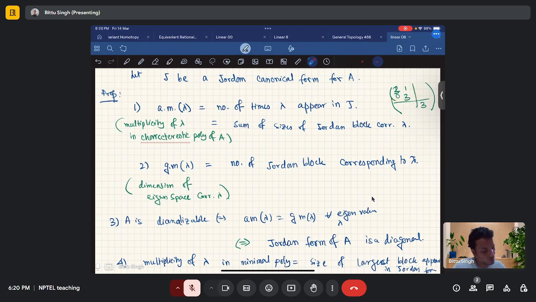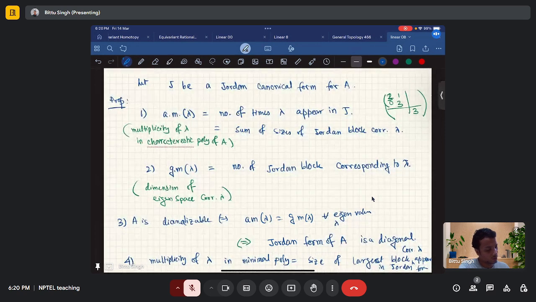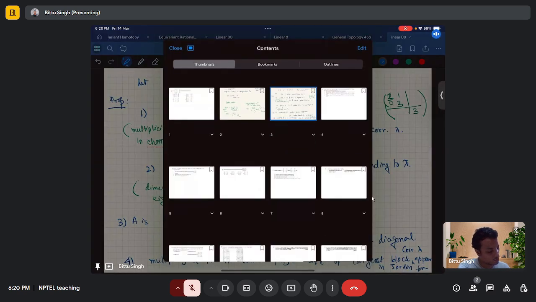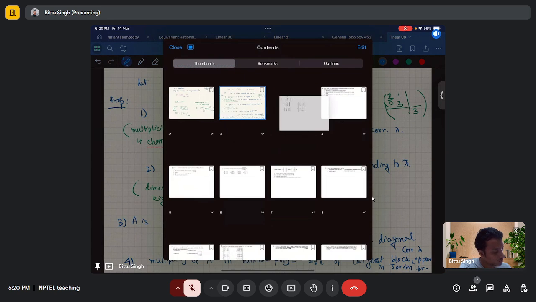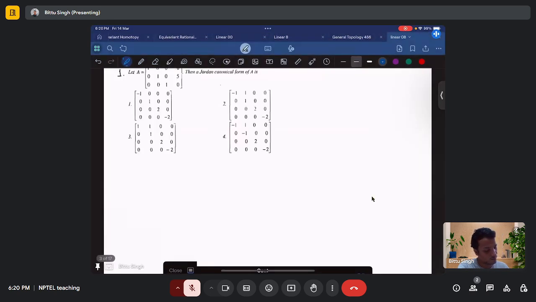Okay, the largest block corresponding to that lambda. Those are some properties of eigenvalues and Jordan canonical form. Now let us solve some problems.